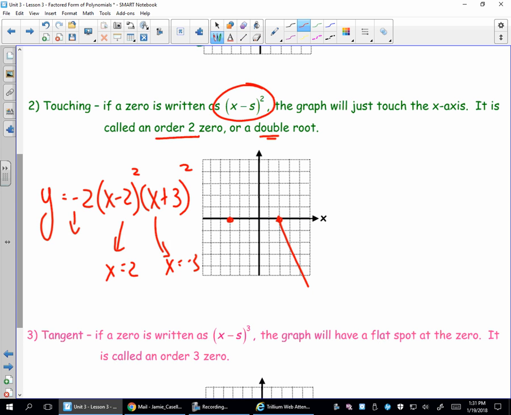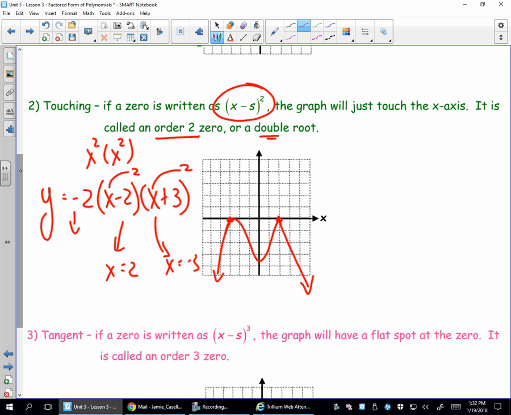And I have a squared and a squared, and a squared times a squared makes a power of 4, which is an even number, so I go down to the left. So I have some idea about my leading coefficient, my end behavior, but the zeros both have squares on, which makes them bouncing zeros. So I'm going to bounce off the axis, come back down, bounce off the next axis, come back down again. That could be a picture of my quartic function.